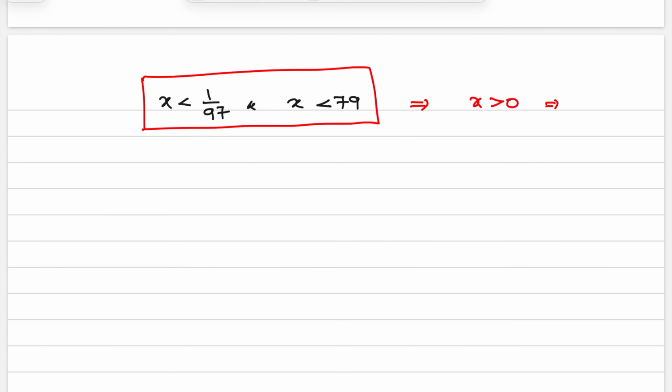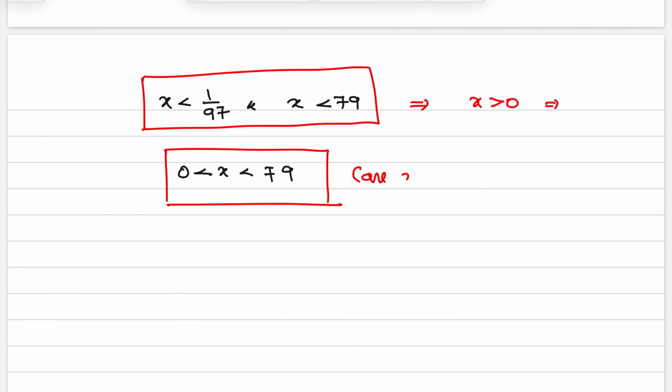That means it totally implies in case 2, x is greater than 0 and less than 79. This is case 2.